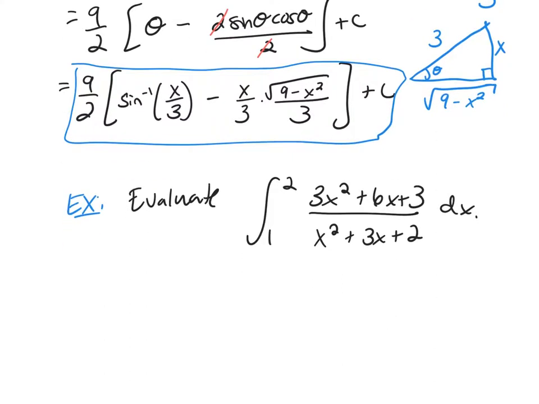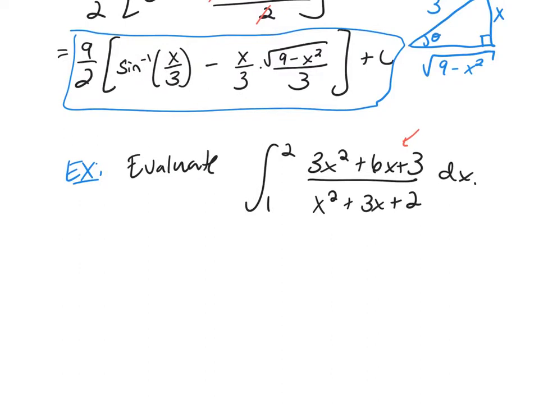Remember, we use partial fractions whenever we have a polynomial over a polynomial, i.e. when we have a rational function, which is exactly what we have here. But we've got a problem. The degree of your numerator needs to be smaller than the degree of your denominator, and right now they're equal, so you're going to have to divide these polynomials first.